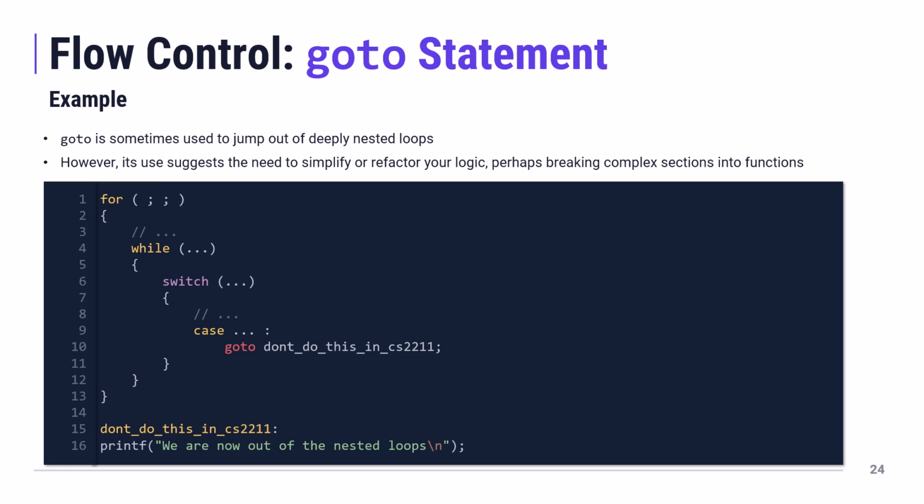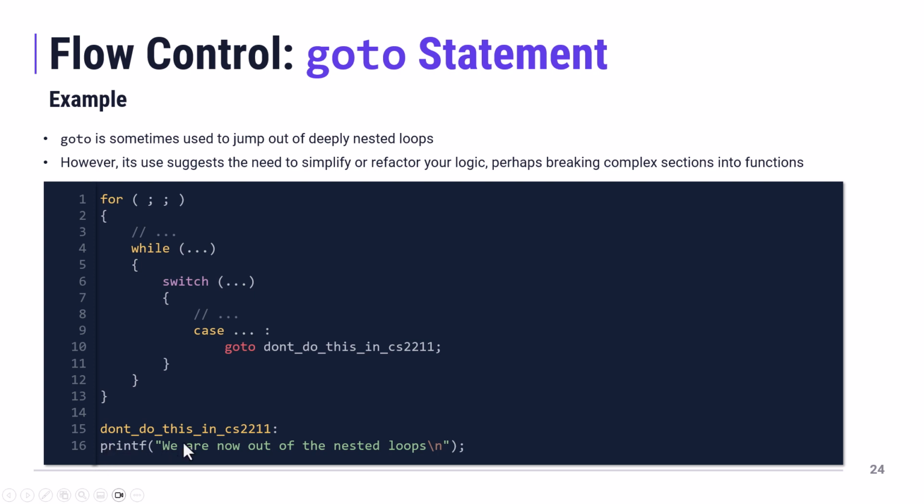Now, one place where it is sort of semi-acceptable to use it is when you have deeply nested loops. So here we've got an infinite for loop, we've got some sort of nested while loop, and then we have a switch statement within that. And based on some case, we're going to say, okay, we want to get out of all of these loops. So we're going to go to "don't do this in CS2211", and that will then jump us out of those nested loops, and we are now out of the loop.